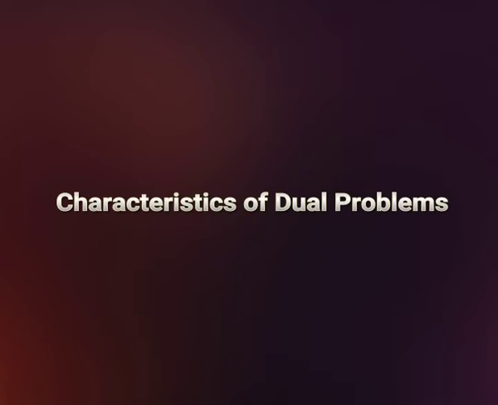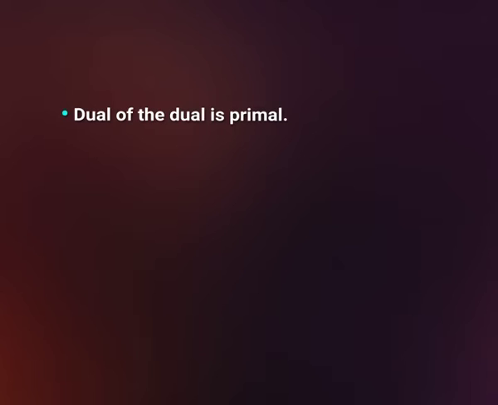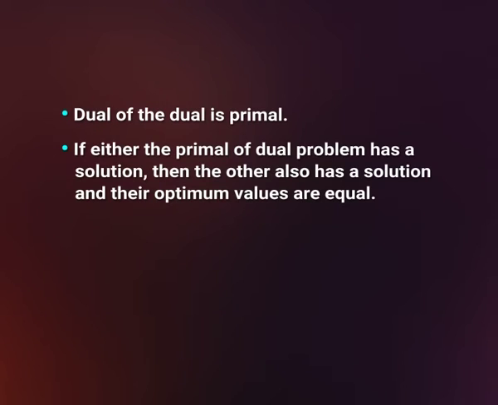It is time to understand some of the characteristics of dual problems. The major characteristics of duality in linear programming are: the dual of the dual is the primal. If either the primal or dual problem has a solution, then the other also has a solution and their optimum values are equal.